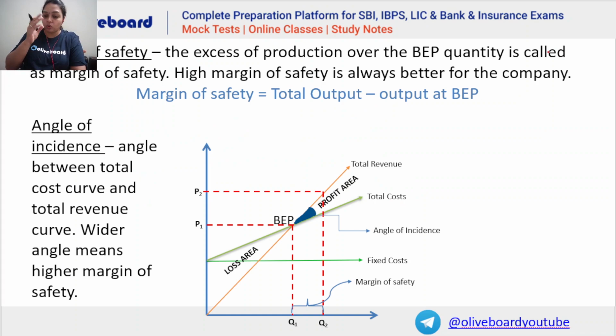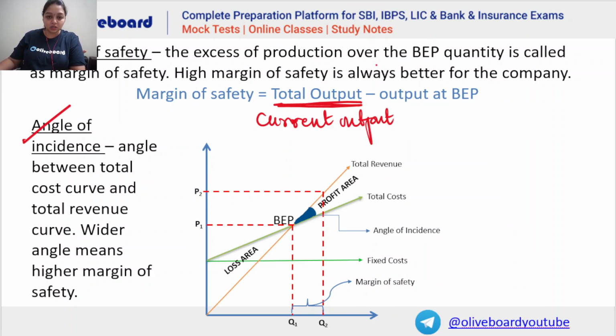Now there are two words that you have to know: margin of safety and angle of incidence. Now margin of safety is nothing but total output, that is current output, how much the company is producing right now, minus the output at break even point.